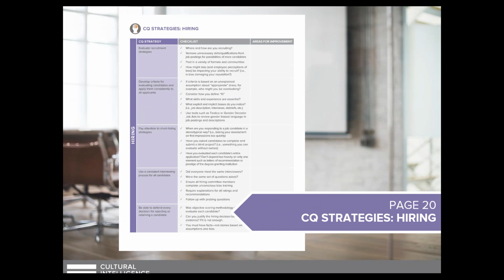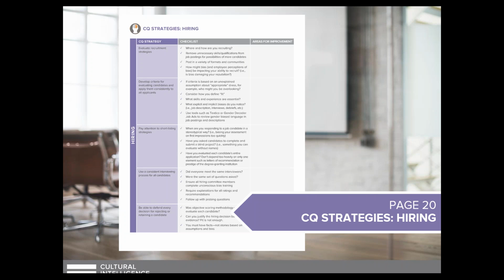Another tool here that is included as part of the practical application, and that's part of the CQ Your Bias manual, or participant guide, excuse me, is CQ strategies for hiring. So this would look somewhat familiar to you in terms of we did provide a version of this in one of the job aids in the original, but you can see here that we've added a bit more content.